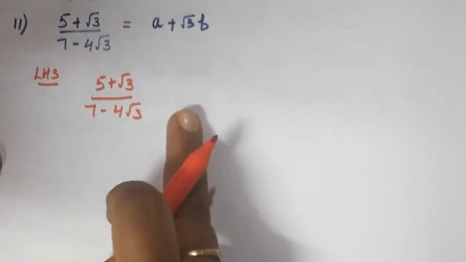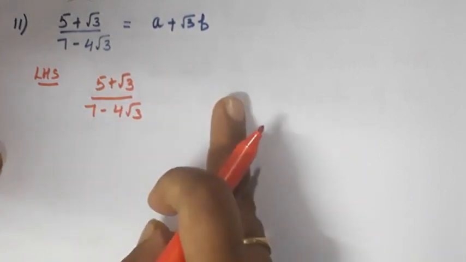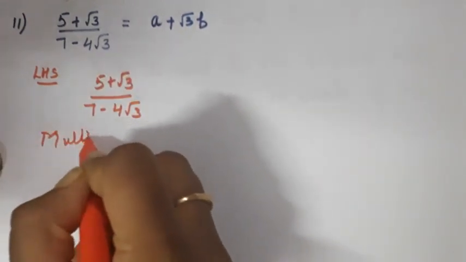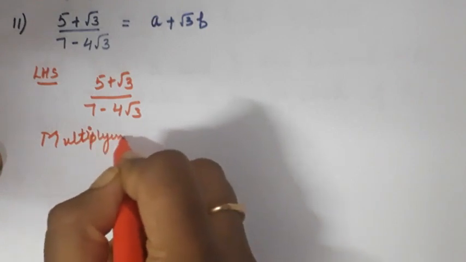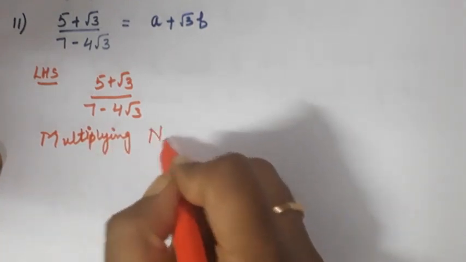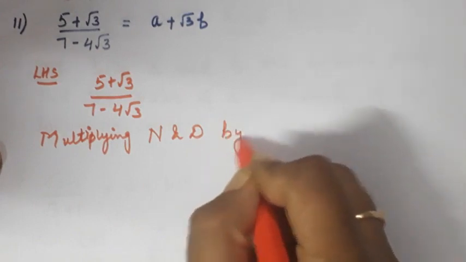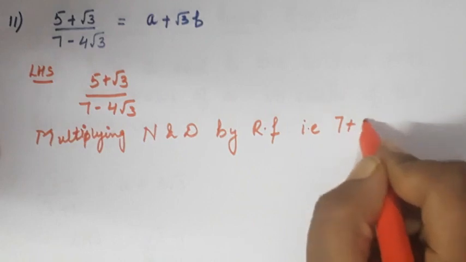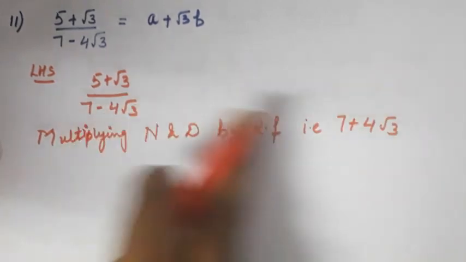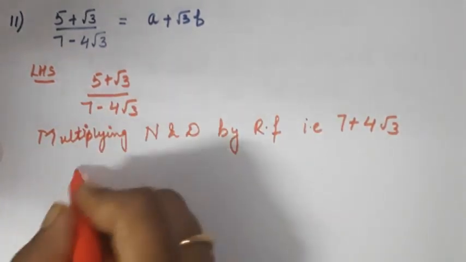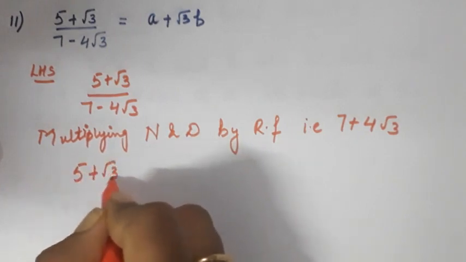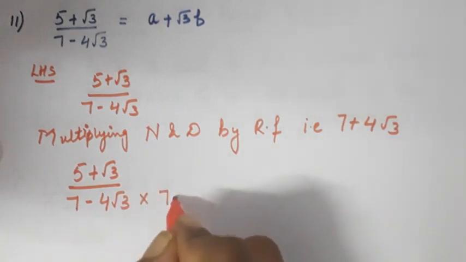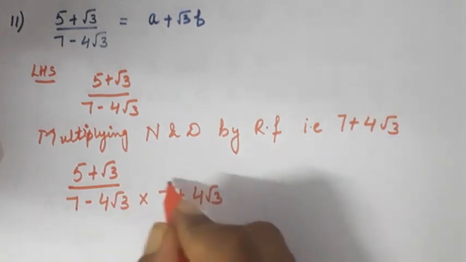For that we need to multiply numerator and denominator by the rationalizing factor, right? So multiplying numerator and denominator by the rationalizing factor, that is 7 plus 4 root 3, the conjugate of this. So I get 5 plus root 3 upon 7 minus 4 root 3 into 7 plus 4 root 3.